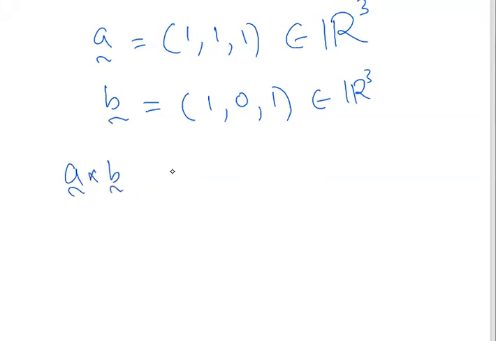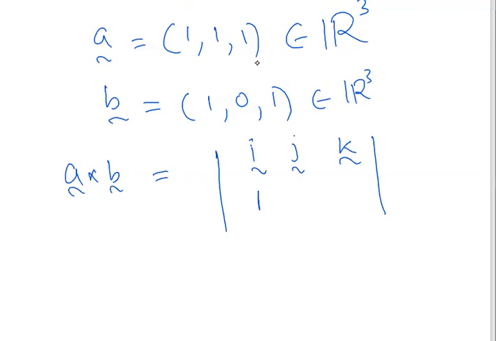How do you compute? Because there are three dimensions, that gives you the determinant of this matrix. Write the unit vectors I, J, K, and then vector A, put the coefficients.